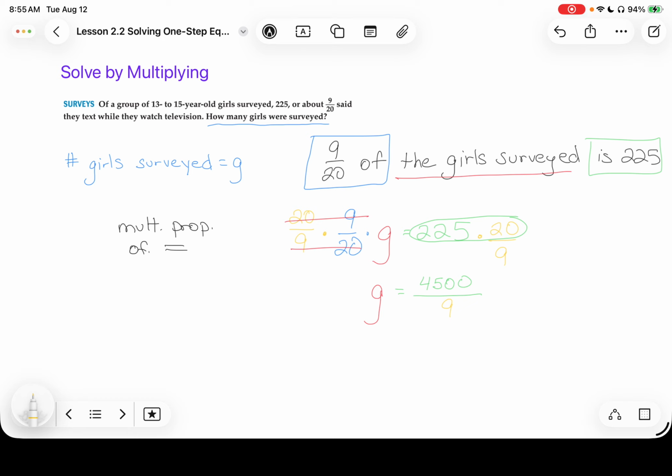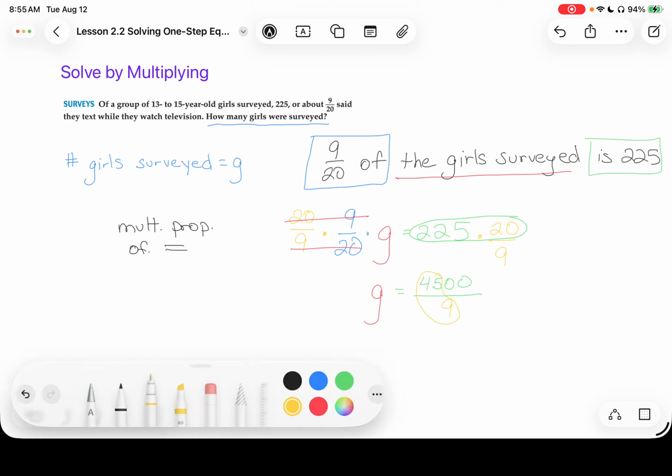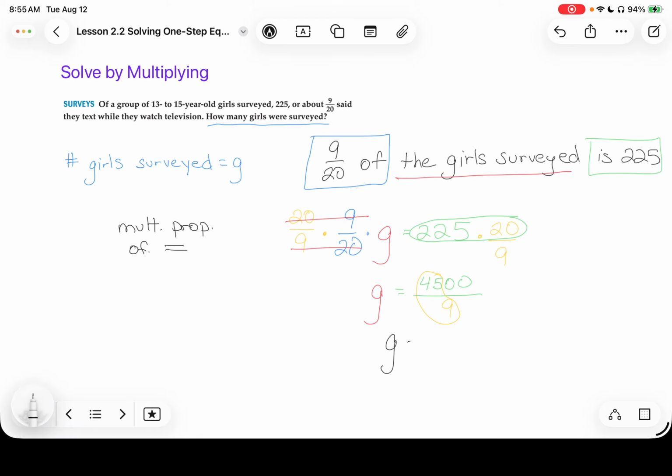Luckily, 4,500 divided by 9 simplifies very nicely because 45 divided by 9 is 5. So it's 5 with two zeros, 500. So my answer is 500 girls were surveyed.